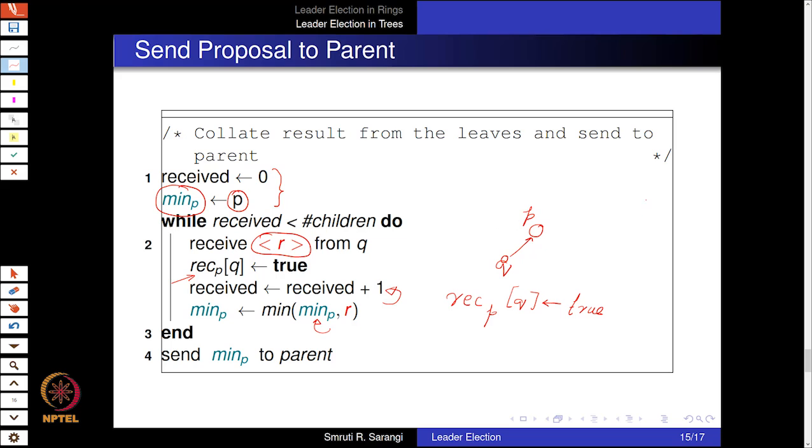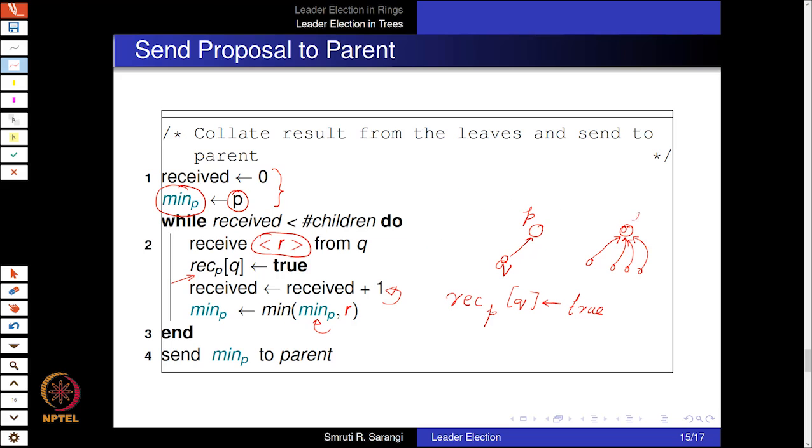So essentially, after I have woken up, every child sends its ID to its parent. The parent computes the minimum of all that it has gotten from its children and its own ID, the minimum of the entire set.